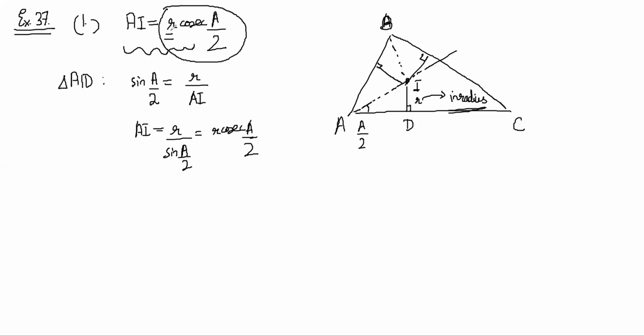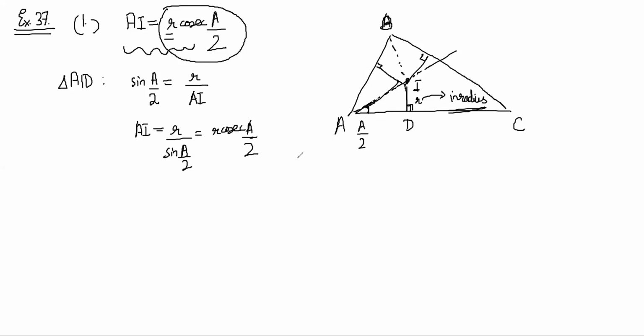The final thing has an R, so at least the basic thing to do is draw the incenter and draw the R somewhere. Once you draw an R, you have to drop a perpendicular. As soon as you do, you will notice that this is the angle bisector and this angle is A by 2.